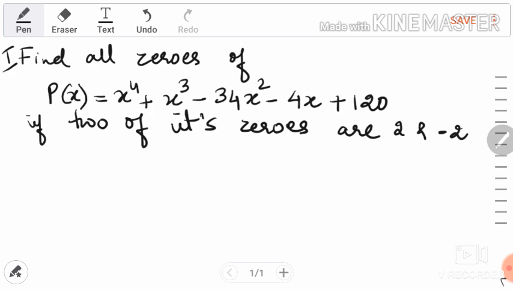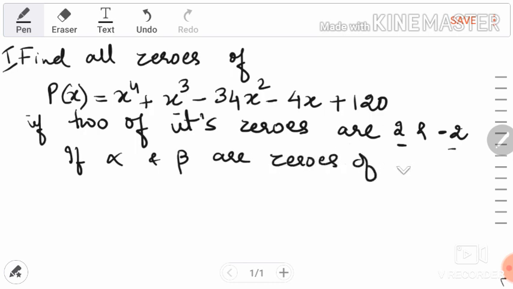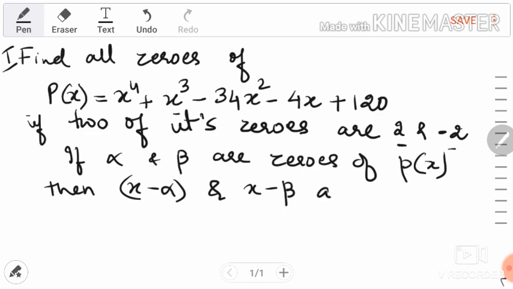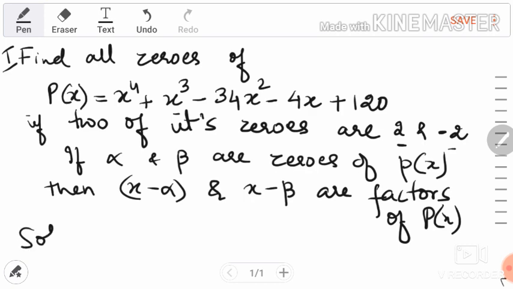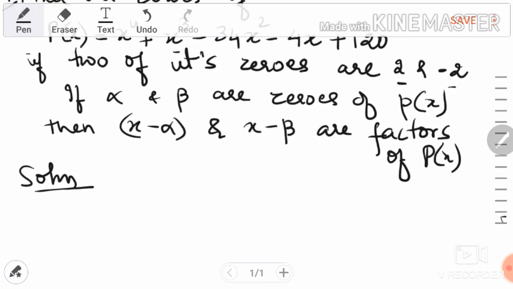In our previous video class, we have studied that if alpha and beta are zeros of a polynomial p of x, then x minus alpha and x minus beta are factors of p of x. So we use the same concept over here. 2 and minus 2 are the zeros.